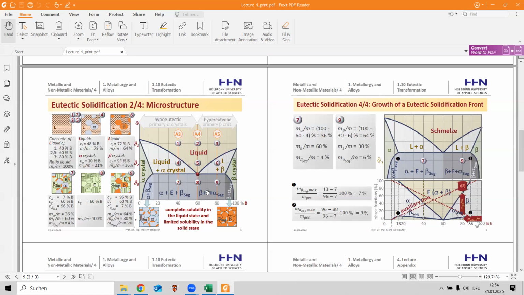So concentration of beta is 96%, eutectoid 60% of component B, and alpha segregation is here 7% of component B approximately. And in this case, alpha plus beta segregation, we have alpha solid and beta segregation, and here we have beta crystals and alpha segregation.